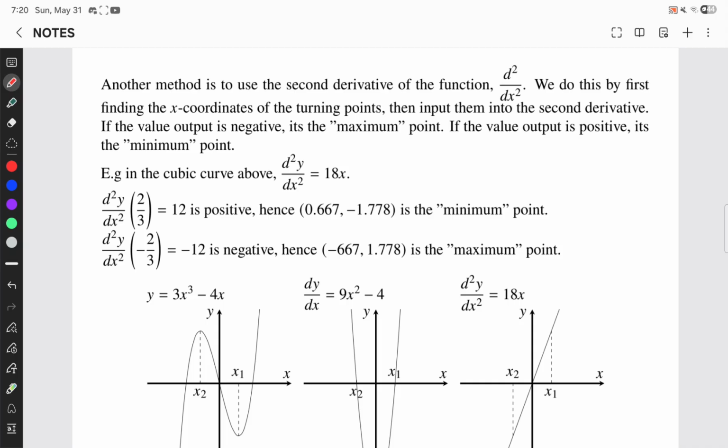Now, the fun bit here is you do not need to solve the second derivative. You just got to solve the first derivative and then plug its roots into the second derivative to do this test. This is by far the easiest test, and I recommend you learn only this test.